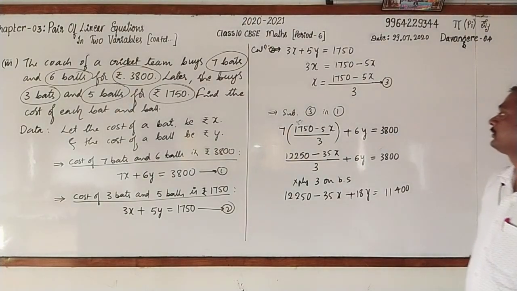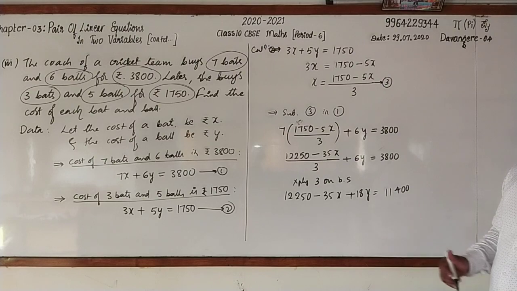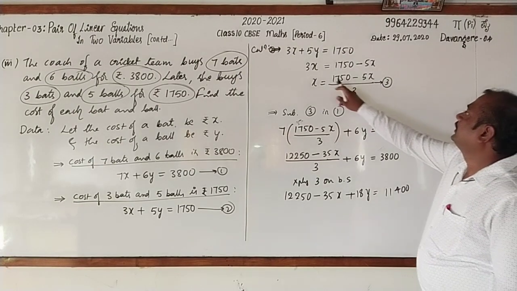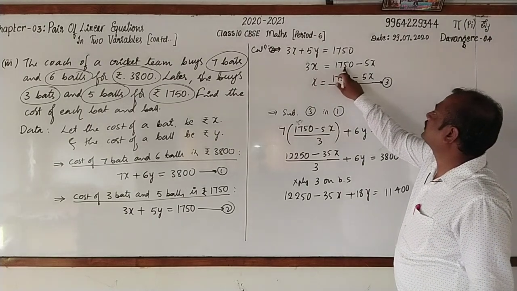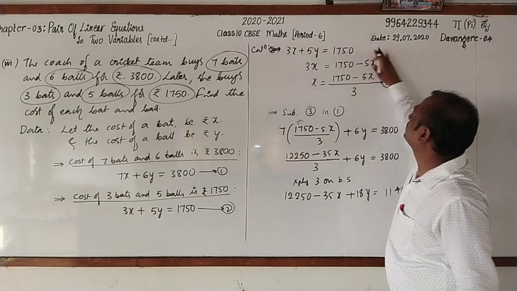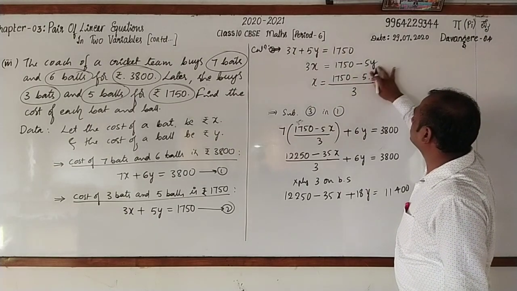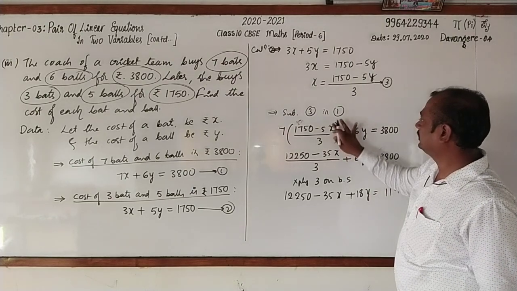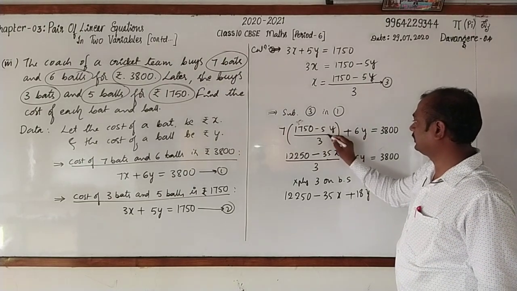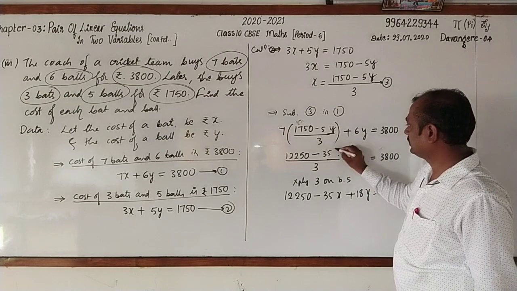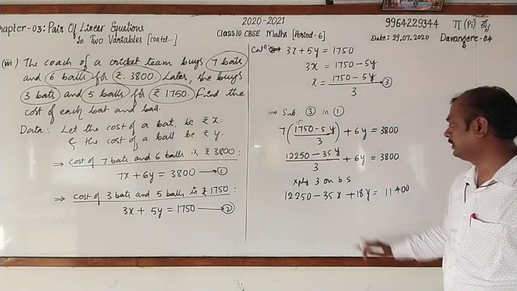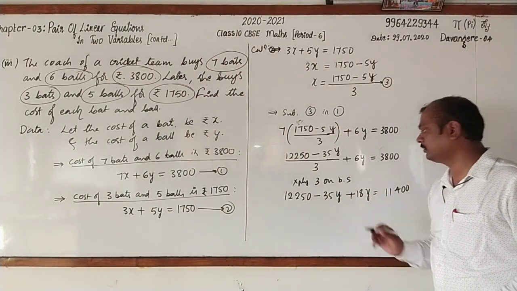Next, now it should be 3x equal to 1750 minus 5y. This is 5y, should be 5y. Here 35y and this is 35y.